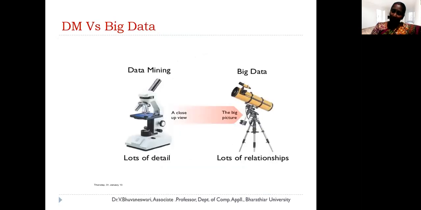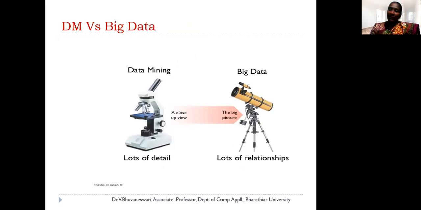And again, a very wonderful figure, taken from a Google source: the differentiation between data mining and big data. Data mining gives you a closer view of your data with lots of details, and big data gives you the entire big picture of the data patterns, giving out a lot of relationships that occur in the data.